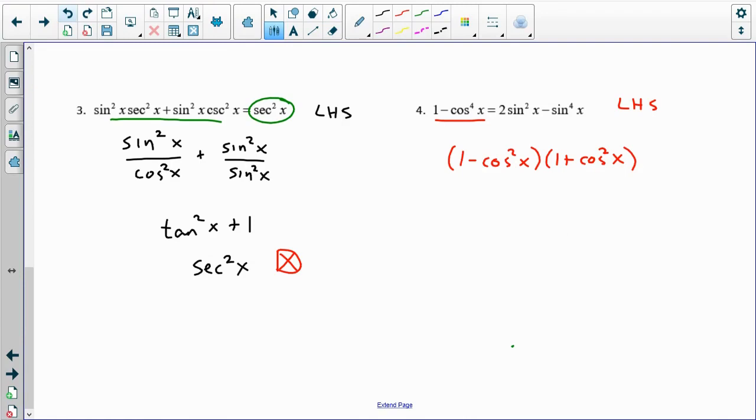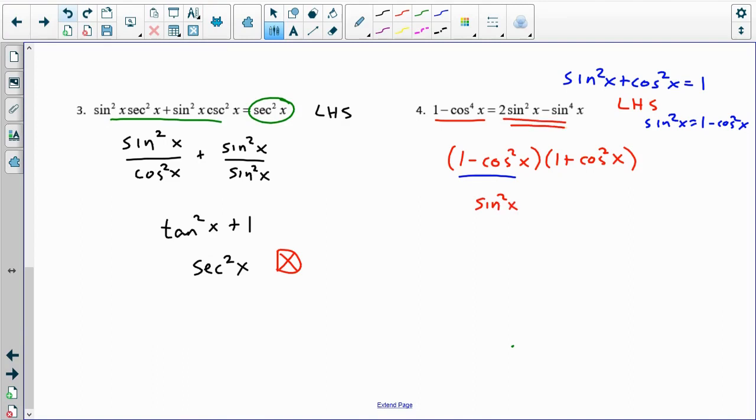So let's look at 1 minus cosine squared. Well, I know that sine squared plus cosine squared equals 1. So what happens if I subtract cosine squared from both sides? Sine squared equals 1 minus cosine squared. So if I look at 1 minus cosine squared, I'm going to rewrite that as sine squared. That helps me because I want to get closer to sine squared.